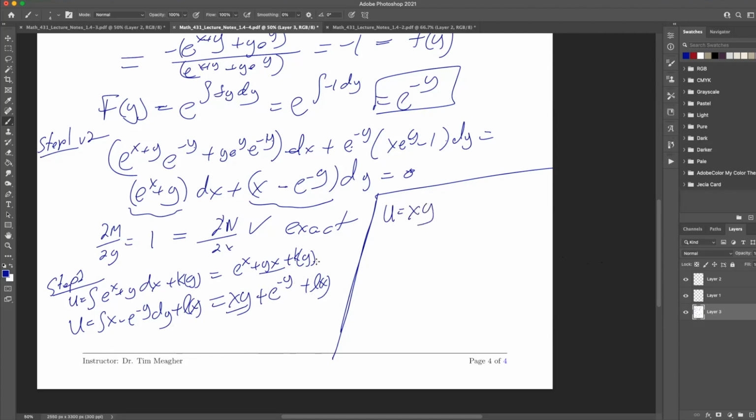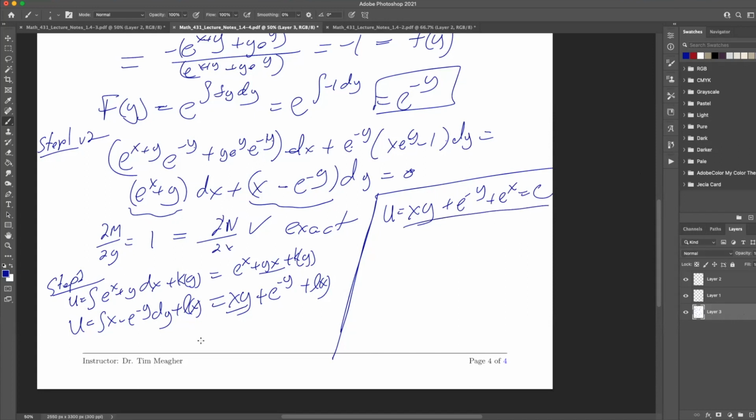That's in both. Then here I have some function of y, which is just this, so we'll add that: plus e to the minus y. And then I have some function of x, which is over here, so this will be plus e to the x. We'll set that equal to a constant, because whatever constant we get, we'll just kick it over.